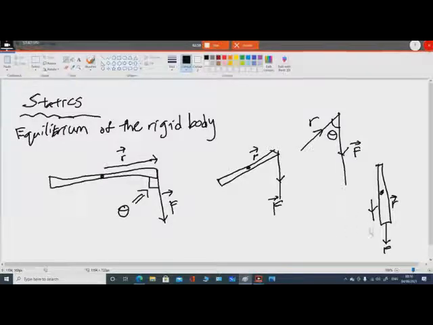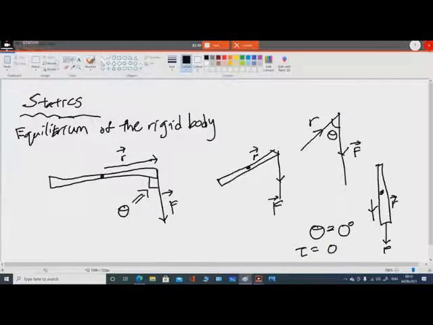So the angle between R and F is 0 degrees. This will not give us torque and hence there is no rotational motion for this plank.